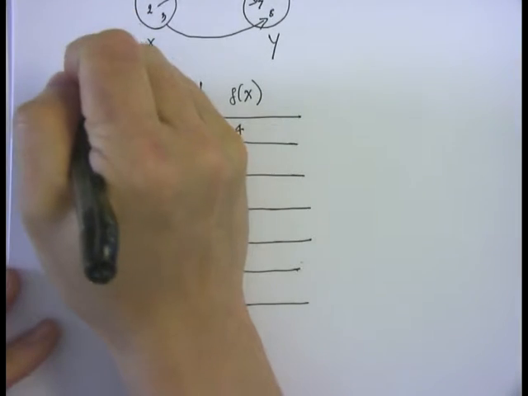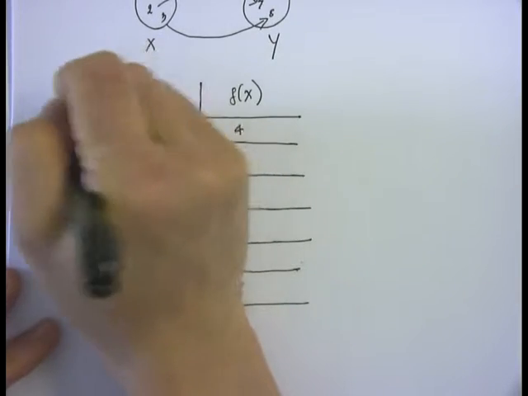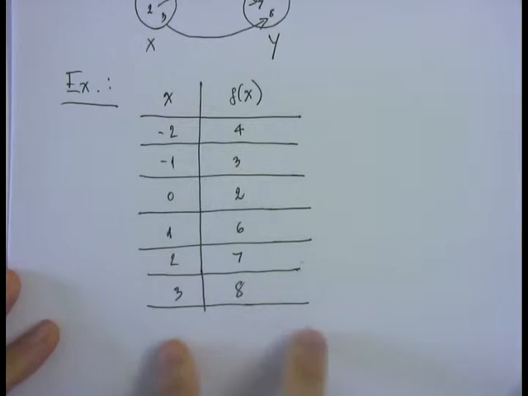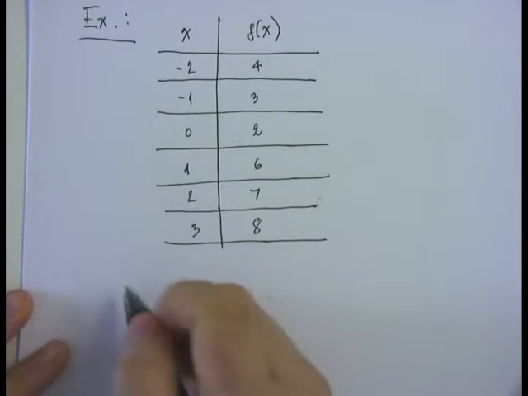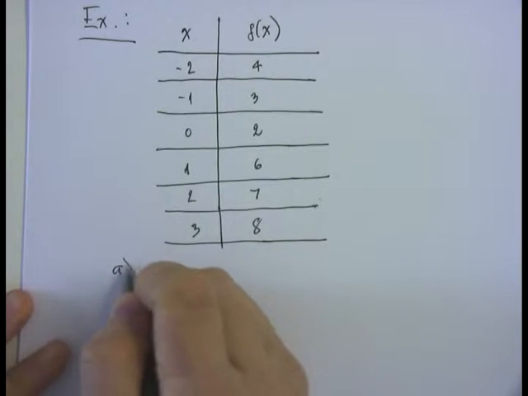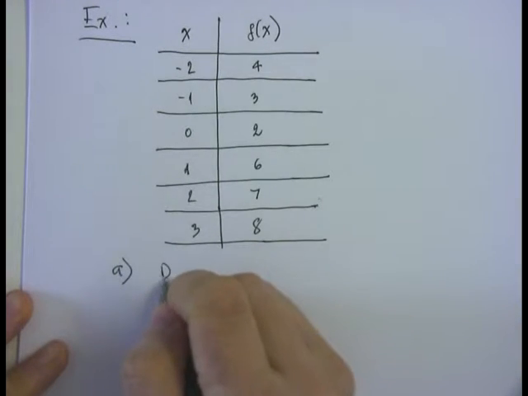Now in this particular example, a lot of the time when you have a table representation of a function, the type of question we're concerned about is, say, part A: what is the domain of the function?